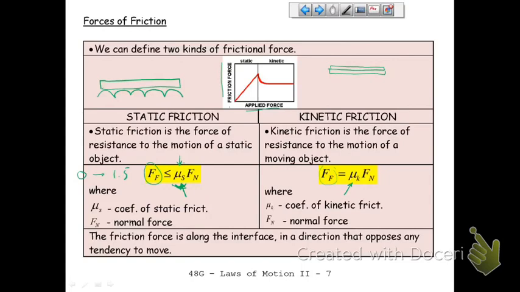Because although the object is moving, the tyre has just been placed and lifted up. It's kinetic friction for the tyre when it physically slides over the surface. When that molecule of rubber on the bottom of the tyre is dragged across the surface, that's kinetic friction. When it's simply put down and lifted up, that's static friction. Okay, good question.